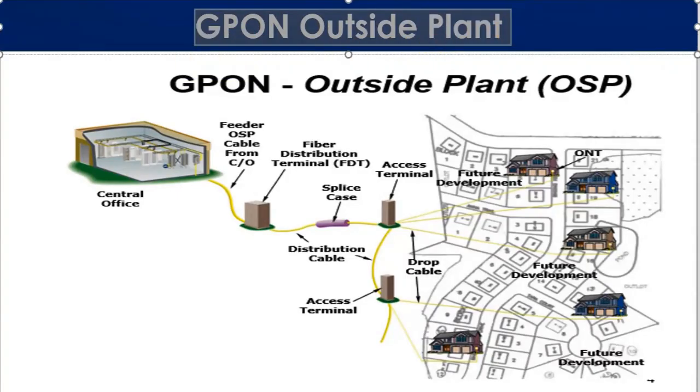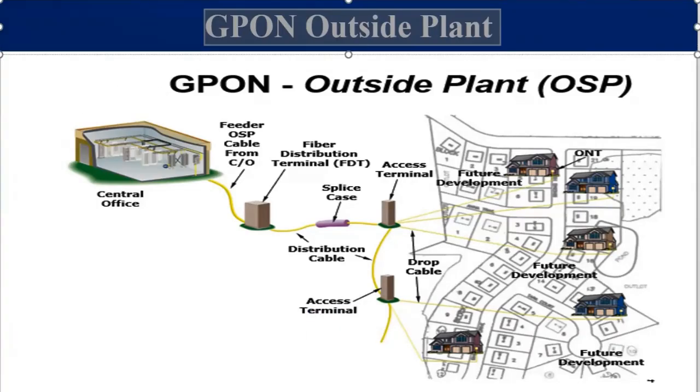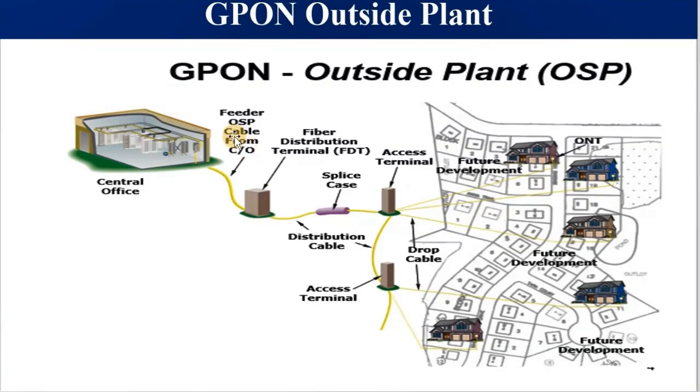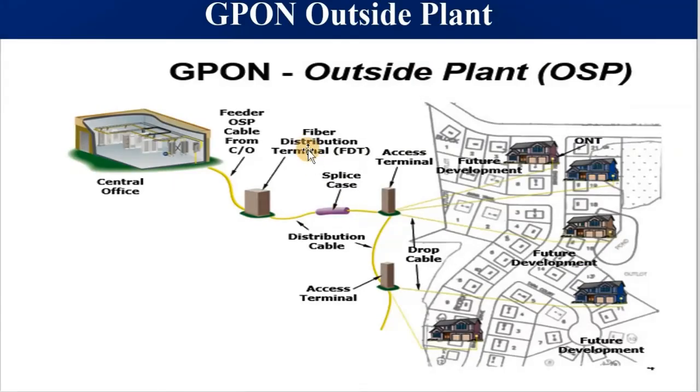GPON outside plant, which means from the main distribution frame to the subscriber's premises or to the ONU. From the exchange, that's where we find the OLT, and the next device, some call it the distribution hub, and in this slide it's referred to as the fiber distribution terminal, FDT.